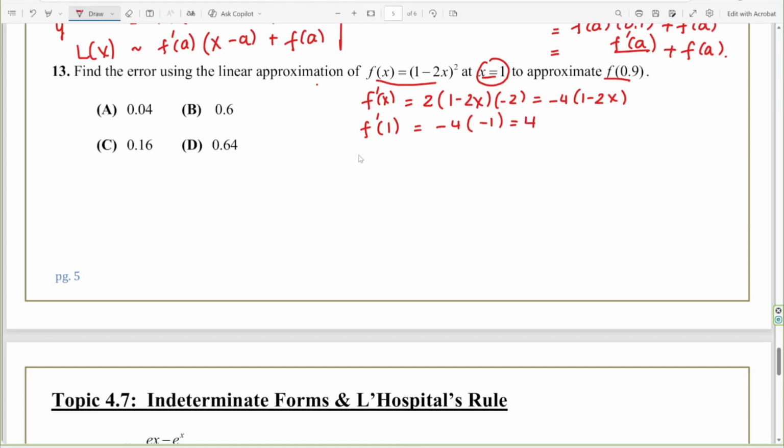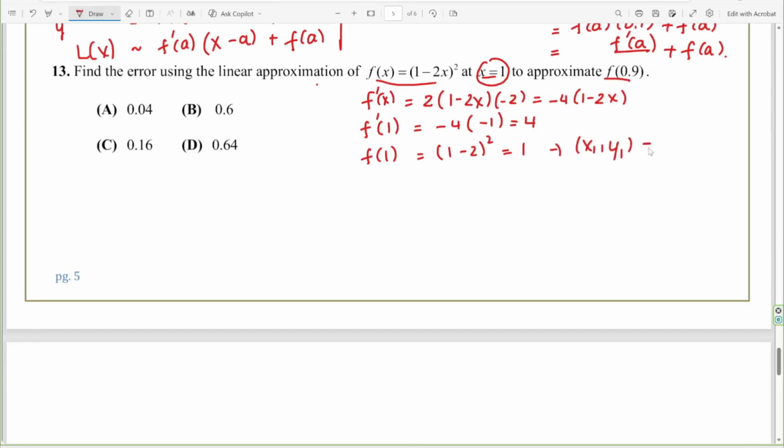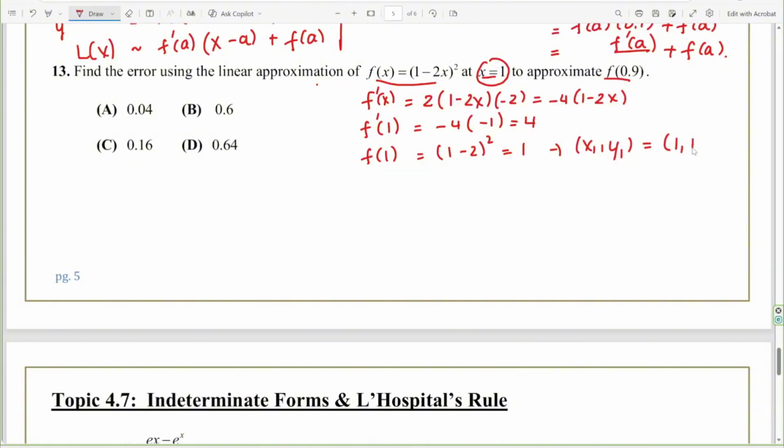Now we need to find the ordered pair, right? So we need to calculate f of 1. It's going to be, substitute in, 1 minus 2 squared equals 1, right? So the ordered pair x1, y1 equals 1 comma 1, and the slope is right here, right?